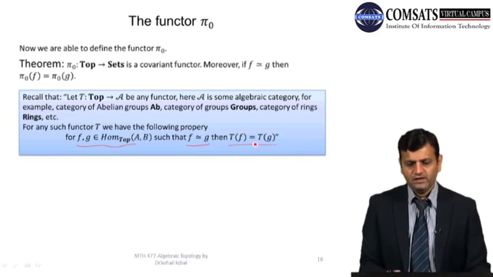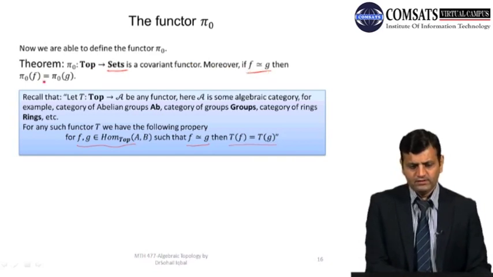And we have also observed that although this functor pi naught is a functor from the category of topological spaces to the category of sets, and strictly speaking the category of sets is not an algebraic category, because it doesn't have any algebraic structure like group or abelian group or ring, still it is preserving this property that if we have two maps which are homotopic, then their images under this functor are equal.